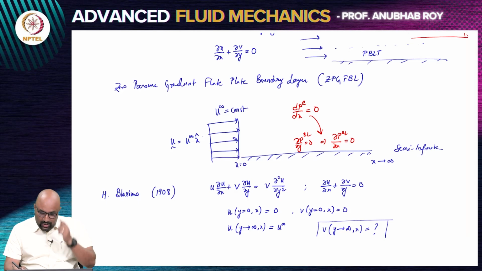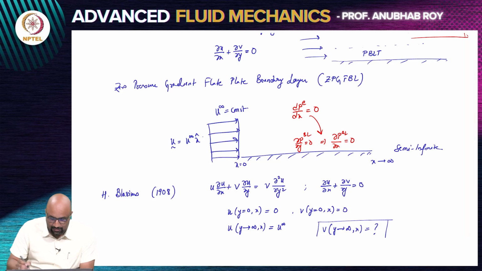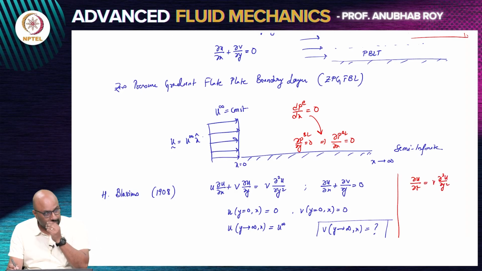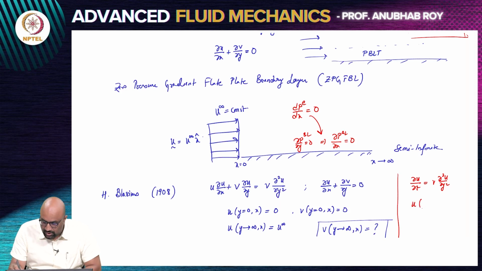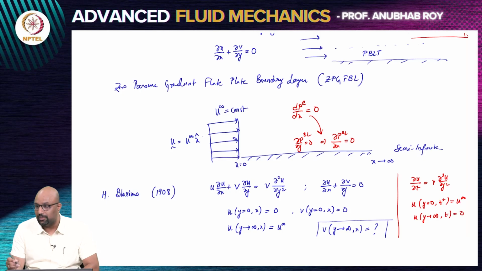Now, if you look at this equation, and this is a point we have already discussed earlier, if you just do a quick recall of the unsteady flow calculation, you solved an equation which was dou u dou t equals nu dou square u dou y square, and you had a velocity which was u at y equals 0 for all positive time t was some u infinity, and then u at y goes to infinity for all time was equal to 0. These were your boundary conditions, and you had an initial condition that the fluid velocity was 0 everywhere.